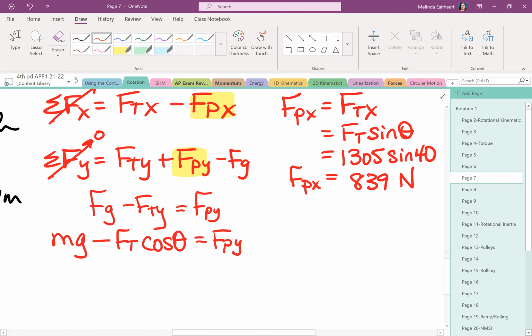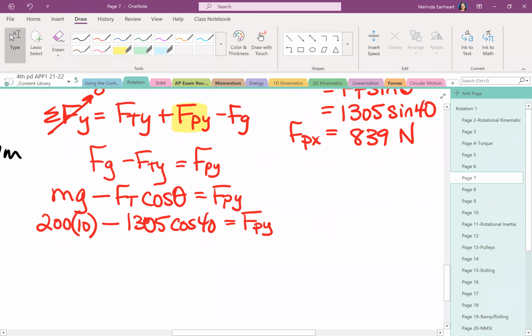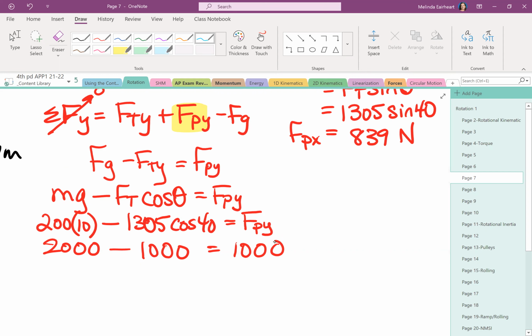The mass of the bridge, they said, was 200 times 10 gravity minus that 1305 times cosine 40. And so just to save a little bit on time, 1305 cosine 40 comes out to be about 1,000. That's the nice one. And so 2,000 minus 1,000 is 1,000.